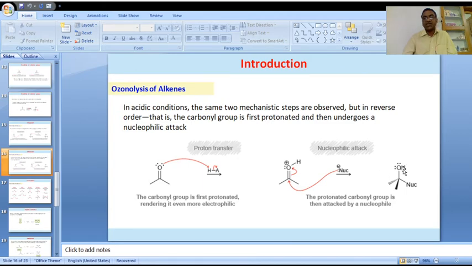Finally, we get the tetrahedral structure of the alcohol. The alcohol tetrahedral structure is formed in this reaction.